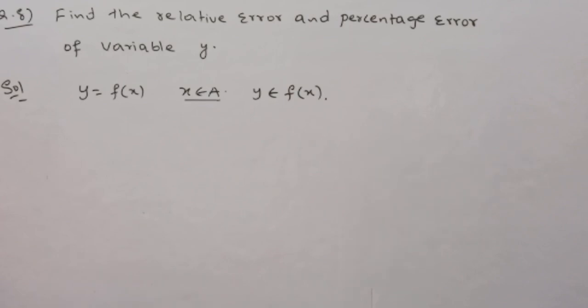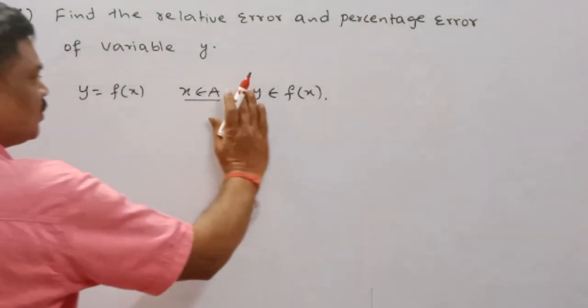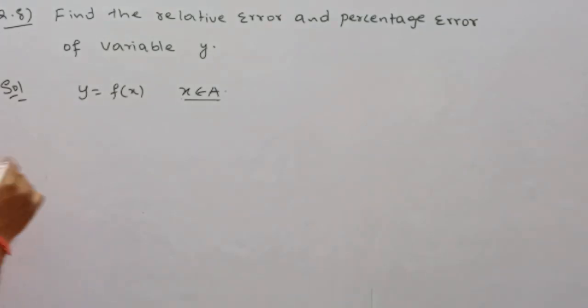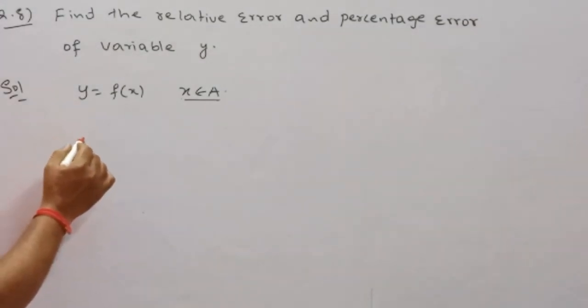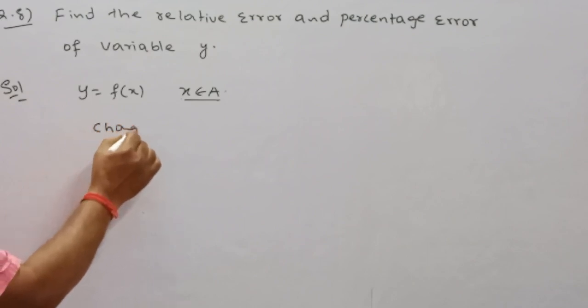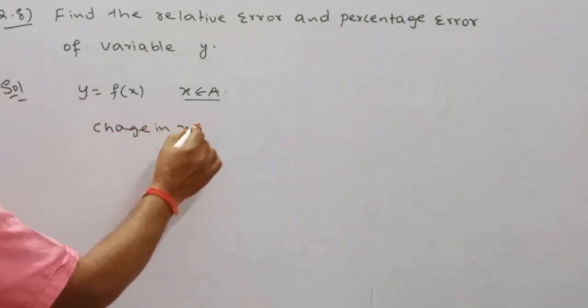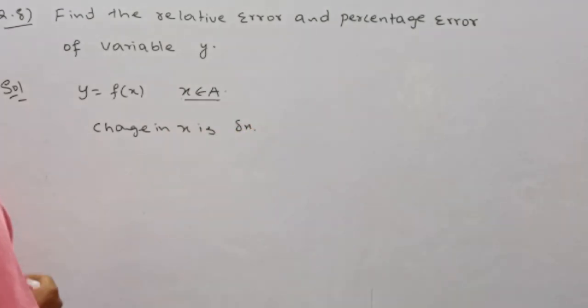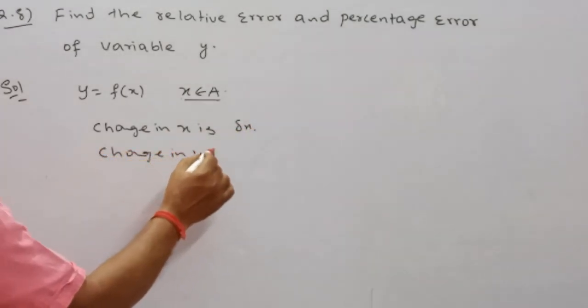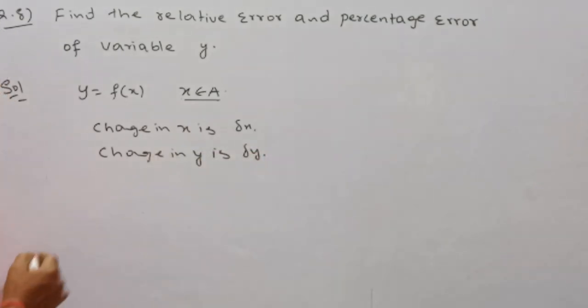Then after, you see all of you, x belongs to A, and here the relative error: change in x is delta x, change in y is delta y.